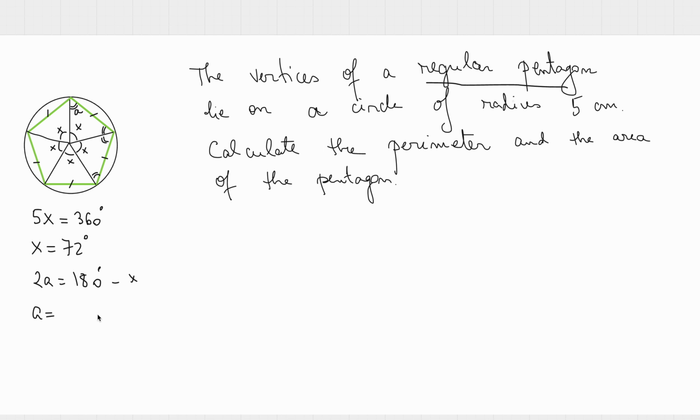That means A is (180 degrees minus 72 degrees) over 2, so 108 degrees divided by 2, 54 degrees. We know the radius, this is 5, 5 for all of them.